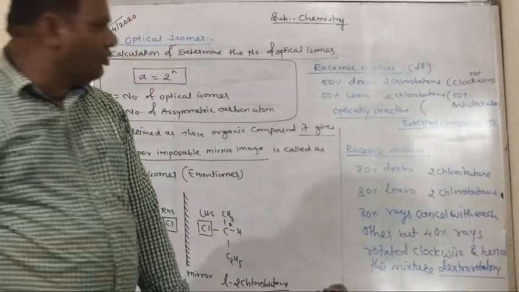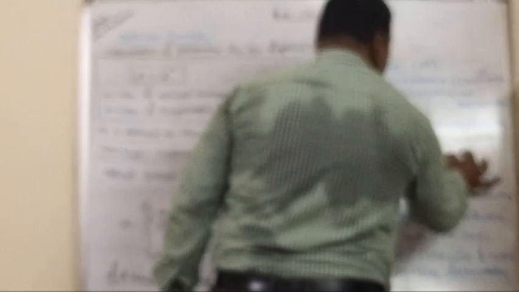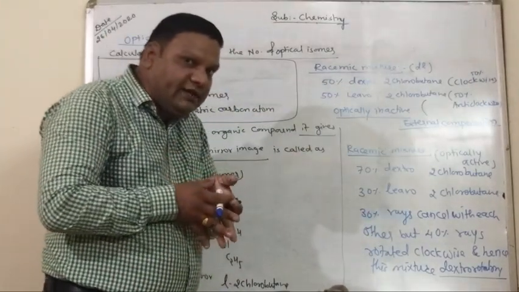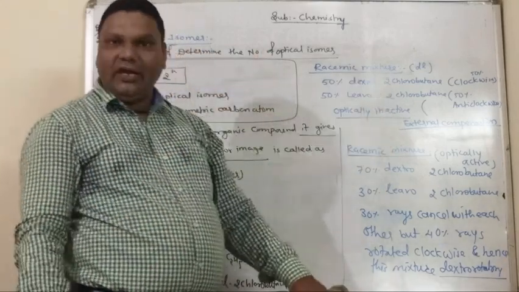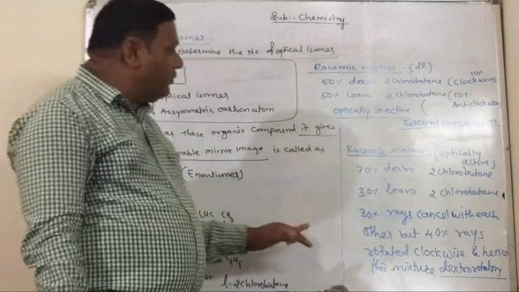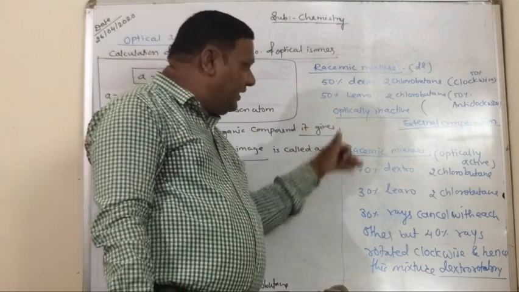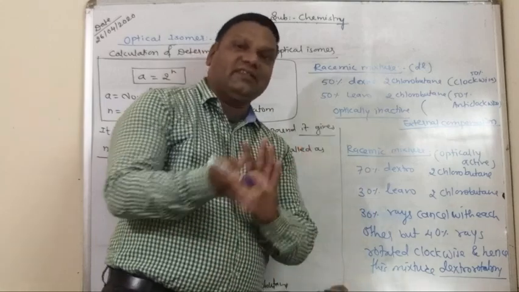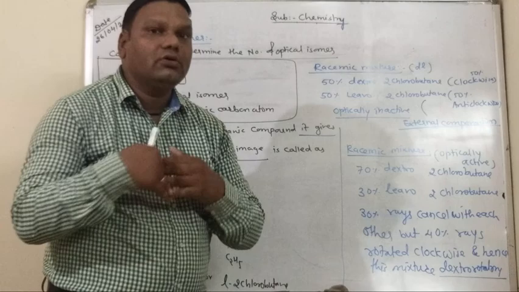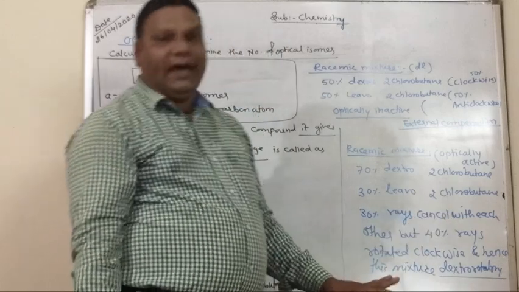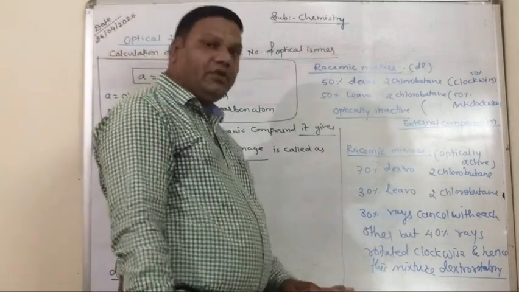So we will call this mixture dextro rotatory, and this mixture is optically active. The earlier one was optically inactive because we took equal proportions, so they all are cancelled with each other. Understood? Another case: if you take a different proportion, one is 70 and another is 30, you can reverse it. Suppose 30% dextro and 70% levo, then the mixture is levo rotatory, but the mixture is optically active. Understood?